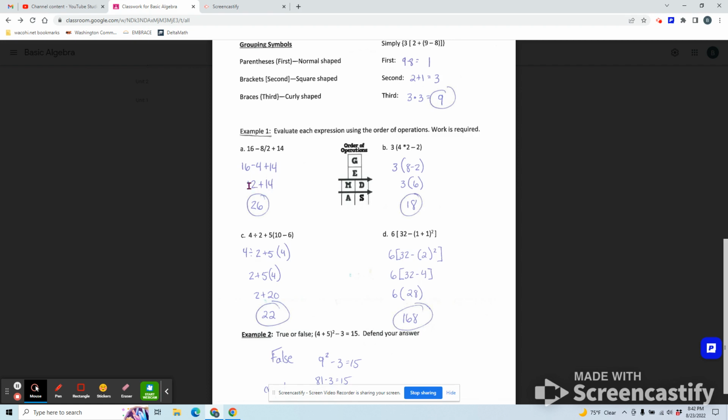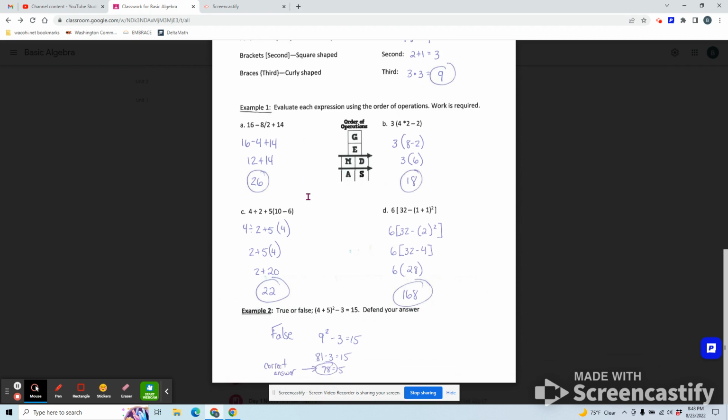So now I just add again, 12 plus 14 equals 26. Yes, your calculator, if you plug all of this in, does evaluate for you. But the goal of the lesson is to check to see if you understand how to use the order of operations. That's the goal.